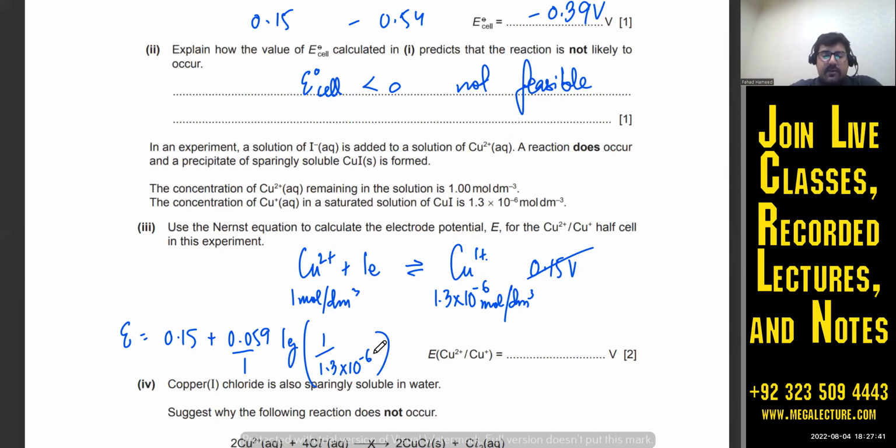So use a calculator. What do you get for this? और कैलकुलेटर निकालो, क्या है ये वैल्यू?